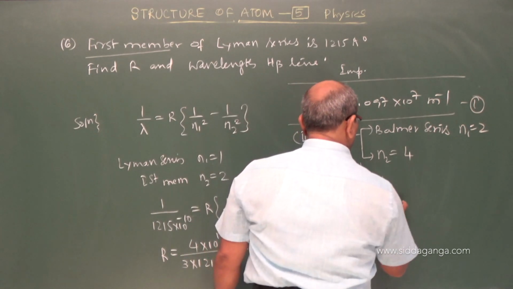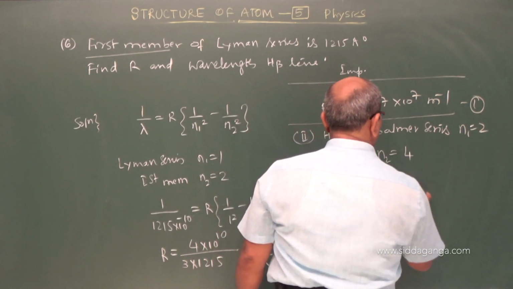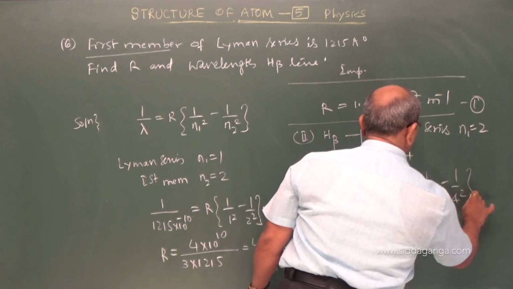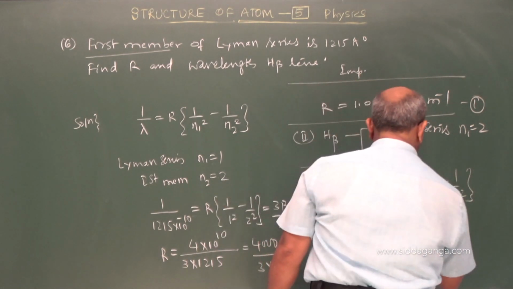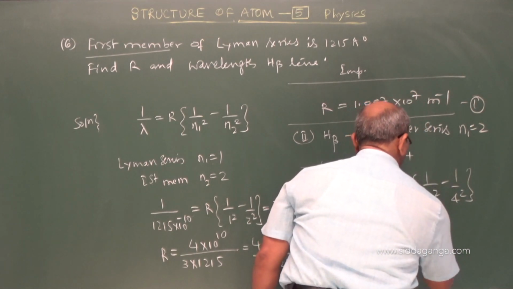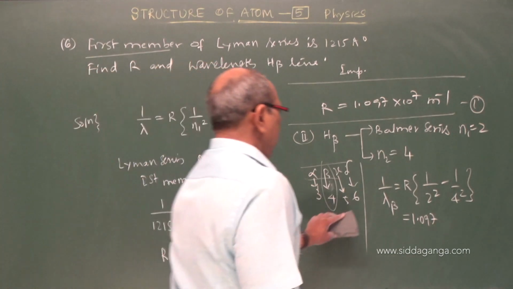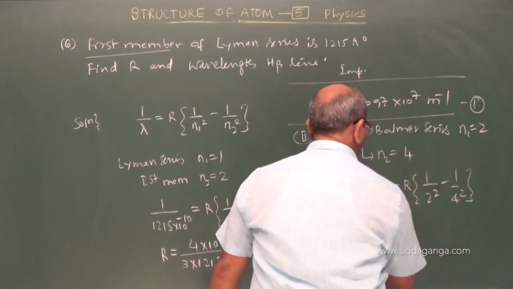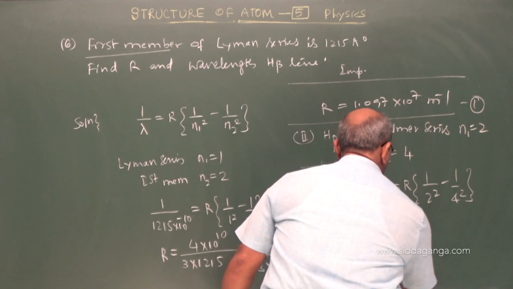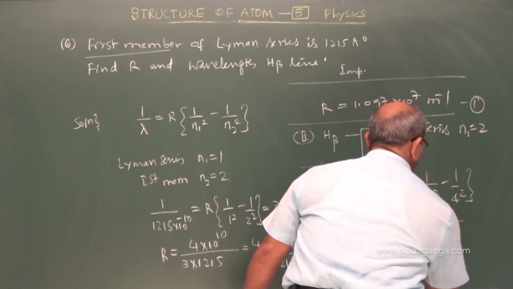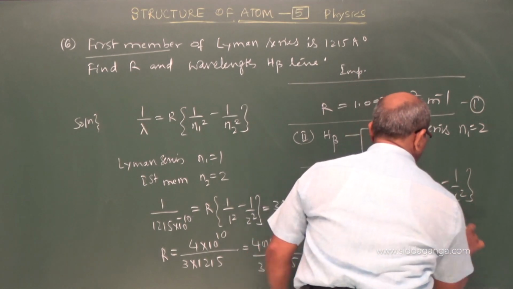So 1 by lambda beta is equal to R into 1 by 2 square minus 1 by 4 square, with R equal to 1.097 into 10 power 7. That is R into 16, with 4 minus 1 being 3.